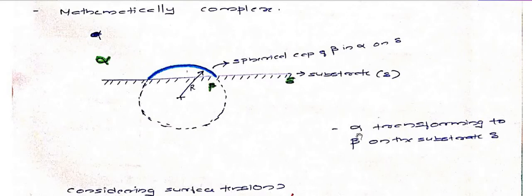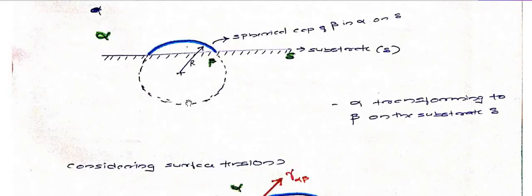So in general, alpha is transforming into a beta phase on the substrate delta. This is what heterogeneous nucleation is all about. Here, let us consider the surface tensions. We have seen there are two components which affect it: the first is the volume and the second is the surface tension.